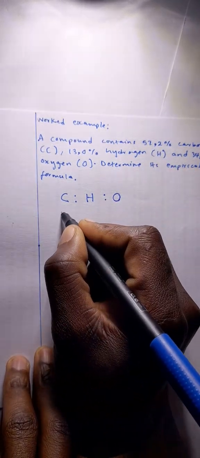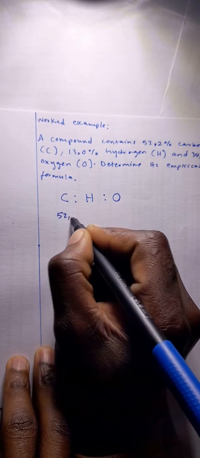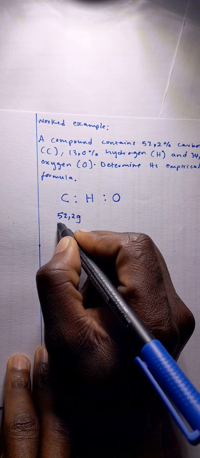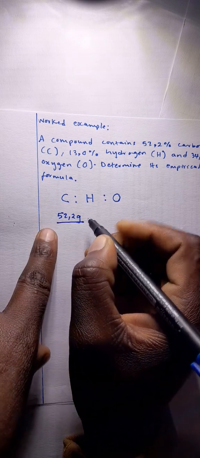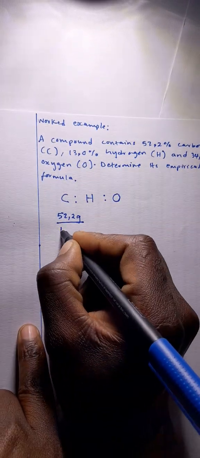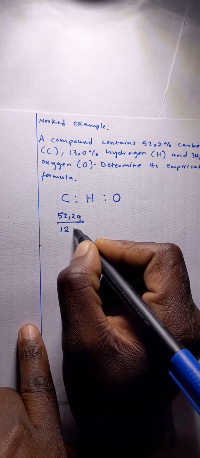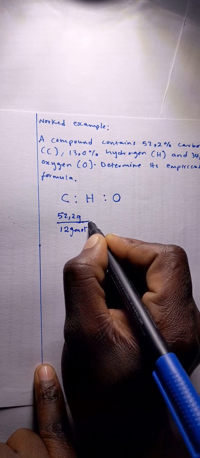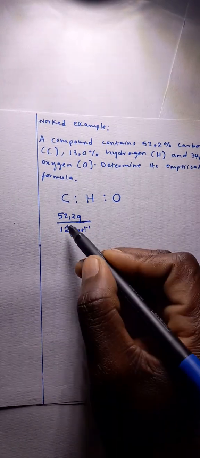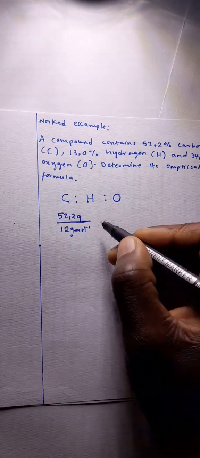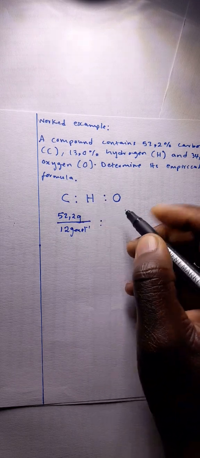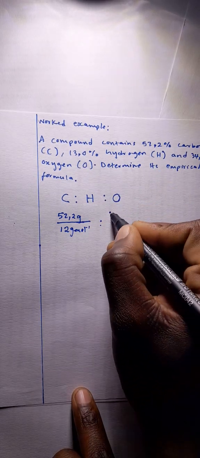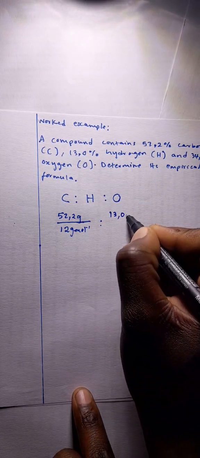Remember, for carbon, you have 52.2 grams. You change the percentage to grams, and then you are looking for the number of moles of carbon, which you divide by 12 grams per mole. Then you need to do for hydrogen, which is 13.0 grams.